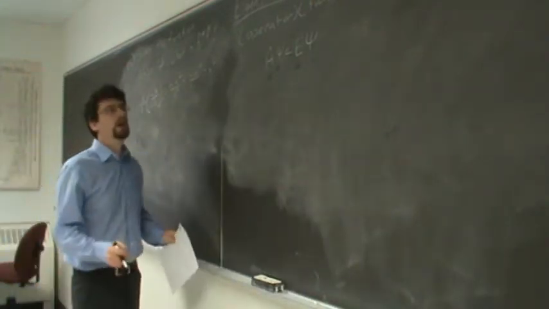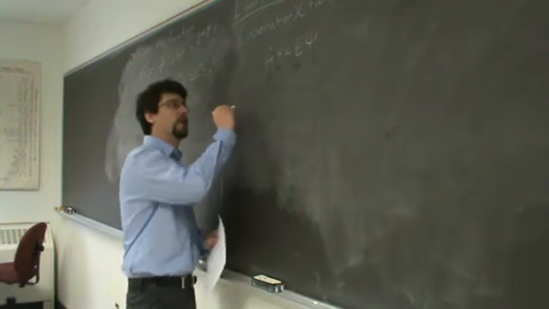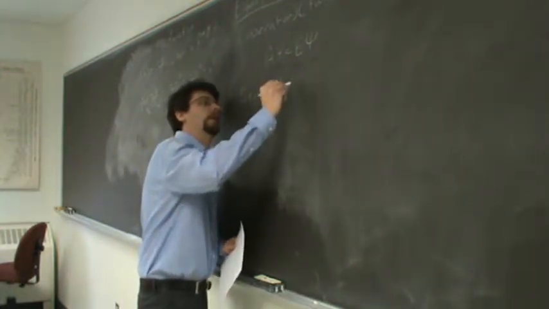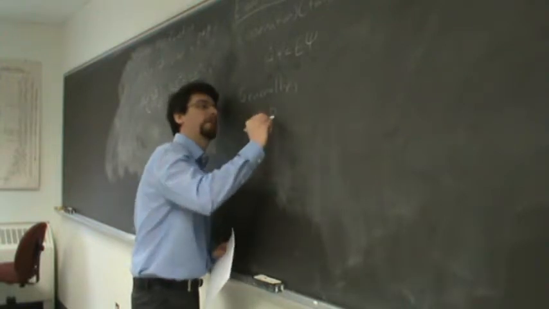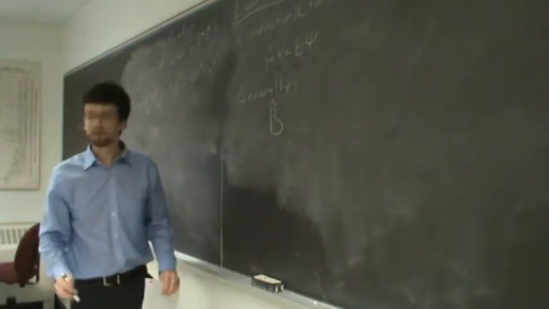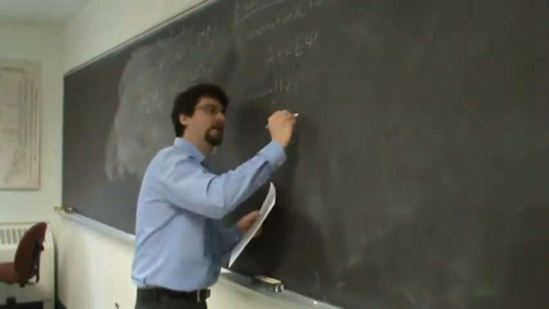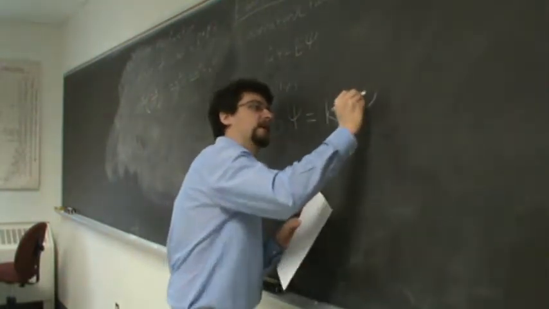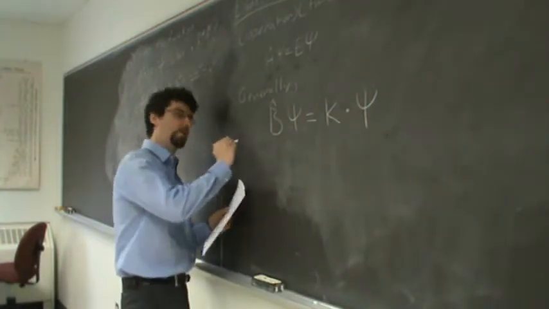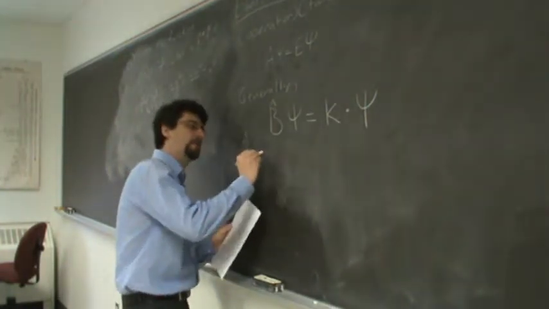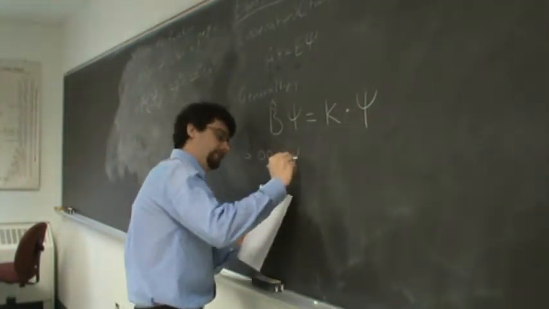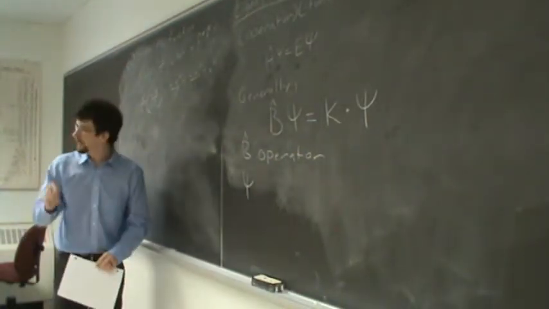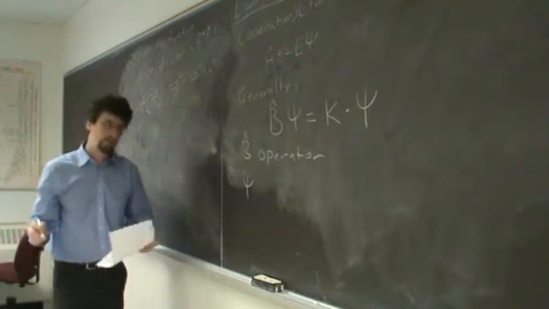Okay, so to put it more generally, let's say we're just going to look at the operator B hat. B hat works on some function, gets us k times that function. So B hat is an operator. Psi is considered an eigenfunction of that operator.